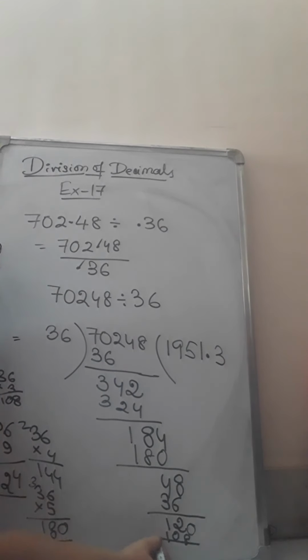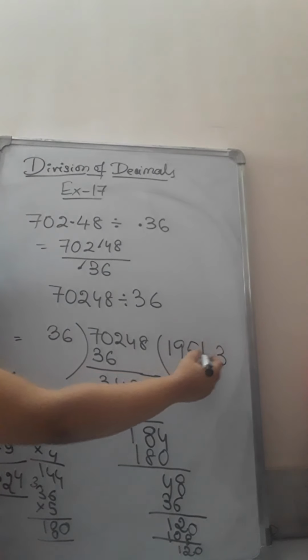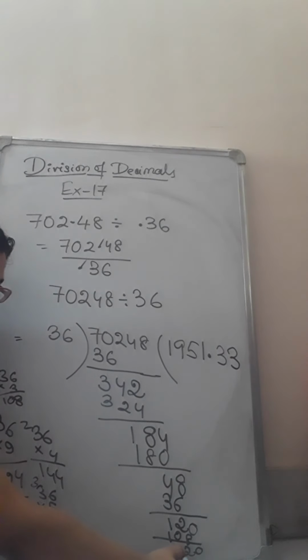What is the remainder? Again 12 is the remainder. So again we will take a 0, and 36 threes gives you again 108.